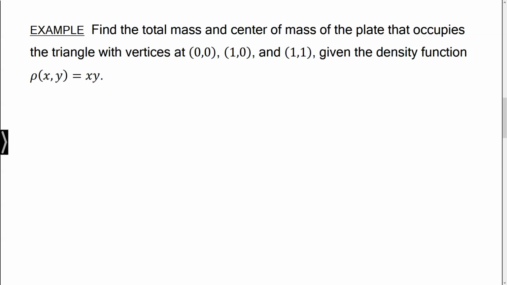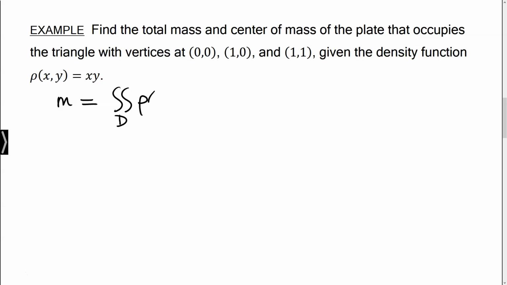All right, so we're going to find the total mass and center of mass of the plate occupying the triangle with vertices at the origin, (1, 0), and (1, 1), and our density function is going to be xy. So first, before we get started with this particular example, let's write down the formulas that we need here. Start with the mass. The mass is little m. This is what we were doing before.